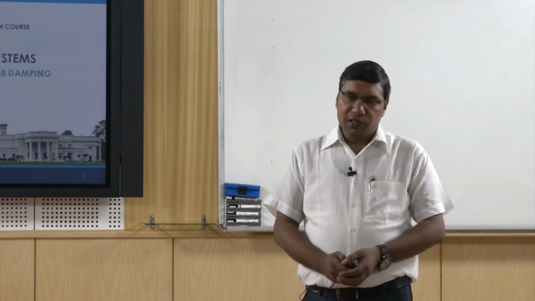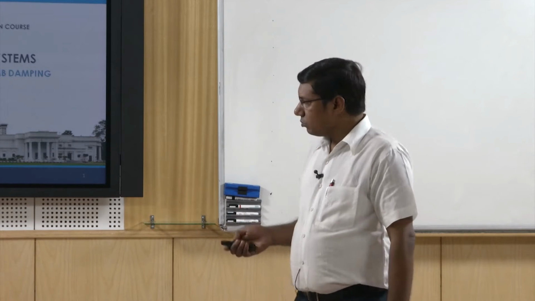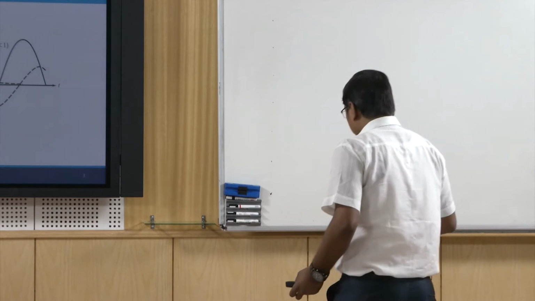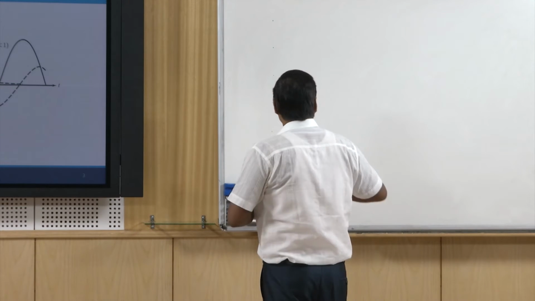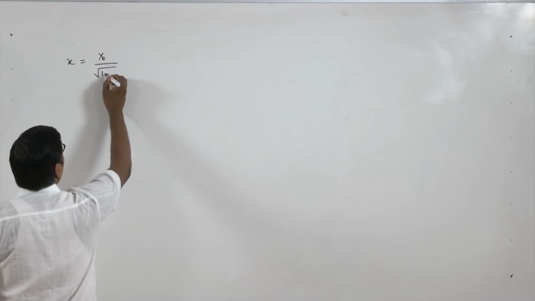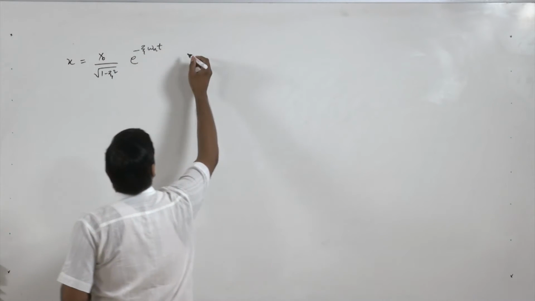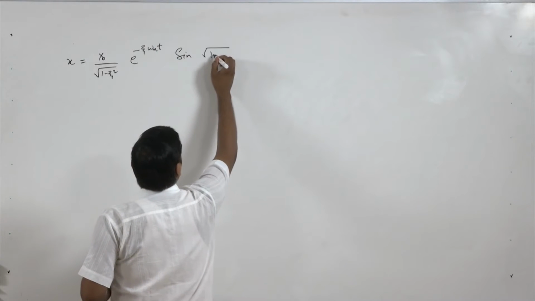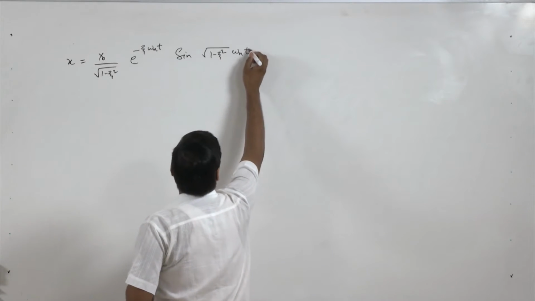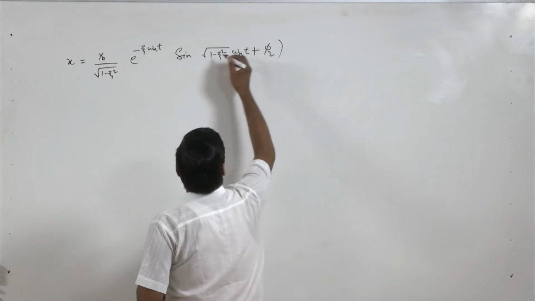We have already discussed the viscous damping case: overdamping, critical damping and underdamping. In the case of underdamping, the response is x equal to x0 by root 1 minus zeta square, e power minus zeta omega n t, sine of root 1 minus zeta square omega n t plus phi, where phi is the phase.